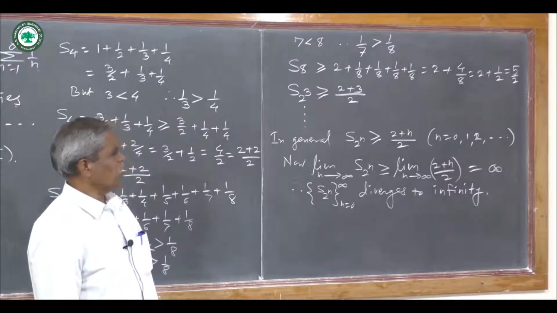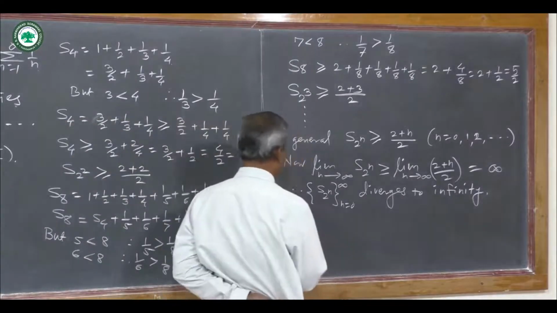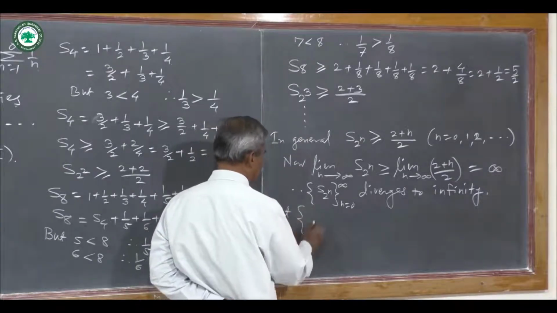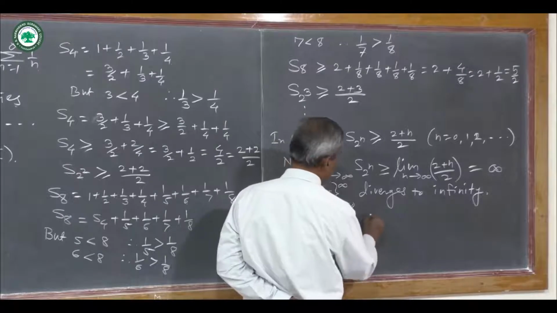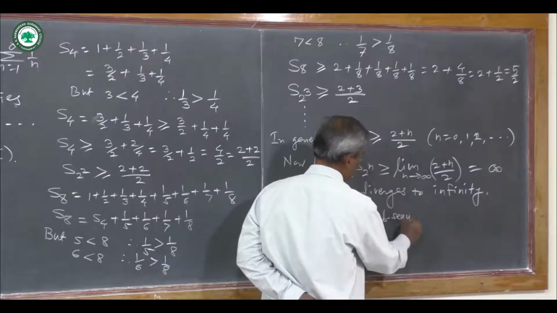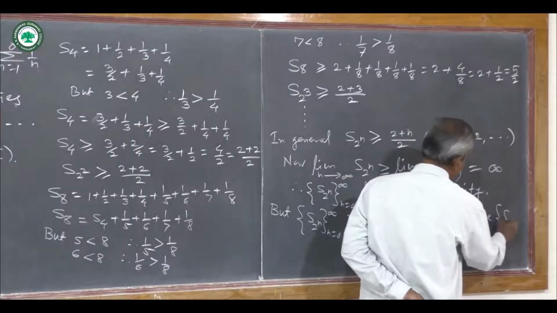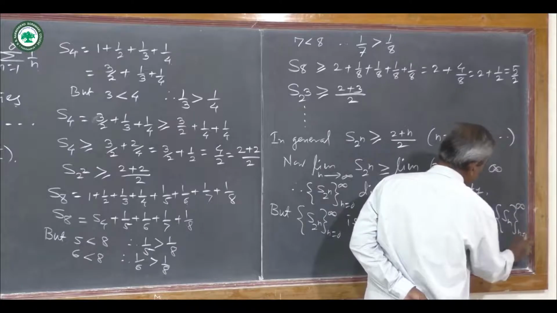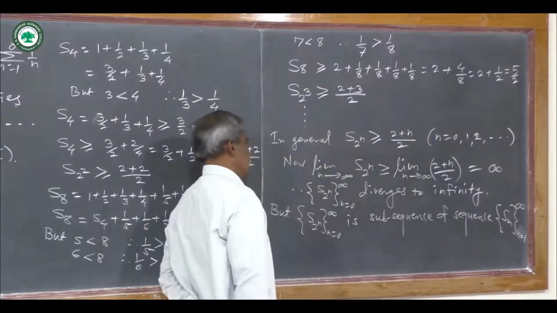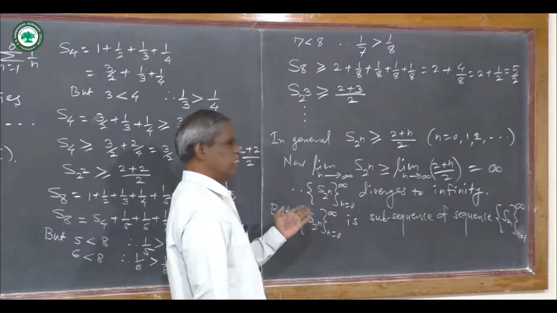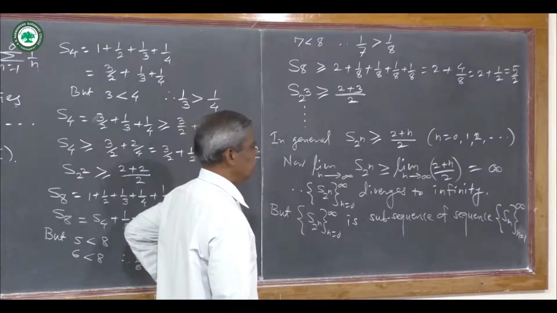But S suffix 2 raised to n is a subsequence of the sequence Sn, n equal to 1 to infinity, and this subsequence diverges to infinity. Therefore, the sequence Sn, n equal to 1 to infinity, diverges to infinity.